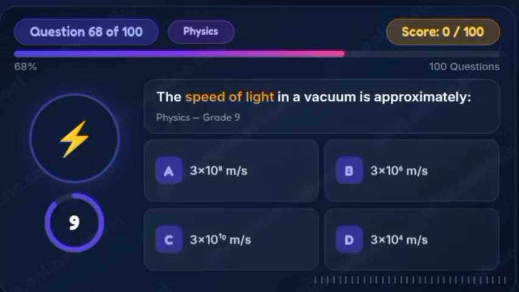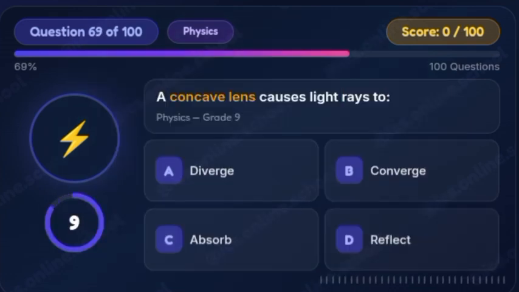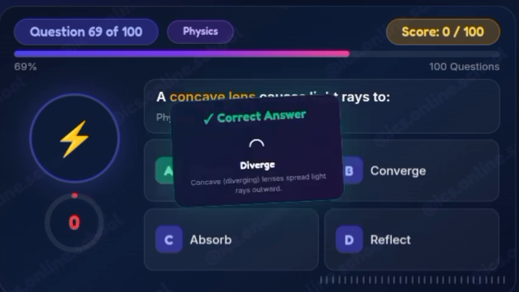The speed of light in a vacuum is approximately... A concave lens causes light rays to diverge.